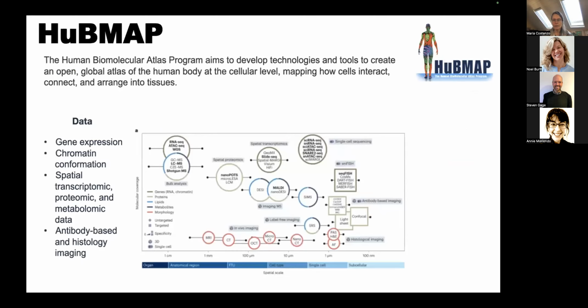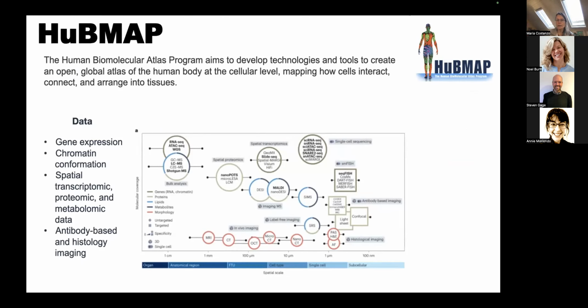Okay, HubMap is another one that's been around for a while that you may know. And this has the rather ambitious goal of making an atlas of the whole human body at the cellular level, which of course is critical for understanding disease and health. And so they have a lot of different data from gene expression, chromatin conformation, lots of multi-omics and imaging.